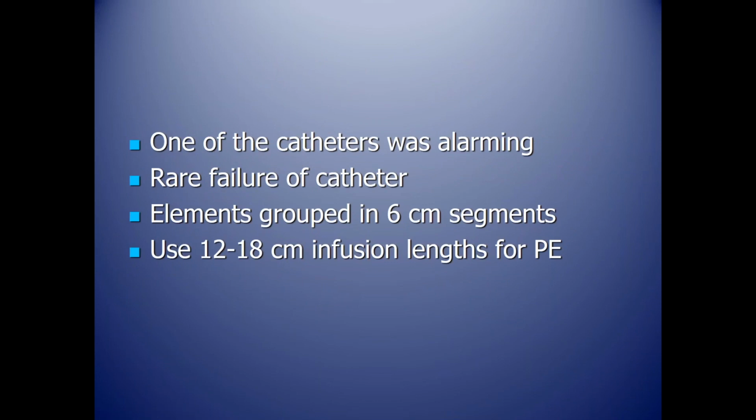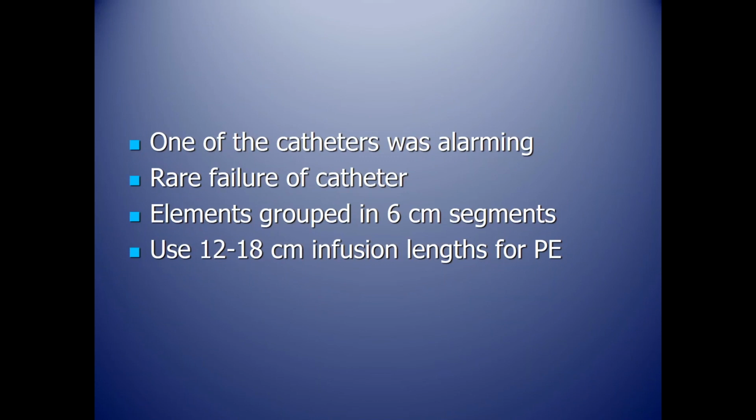And this brought to light something we learned several years ago, which is that the ultrasound elements of the catheter are manufactured in groups of 6. So if you have one of these very rare failures of the catheter and you're using a 6-centimeter catheter, you're going to get a catheter that alarms, and then you're not going to get the benefit of having that ultrasound energy.